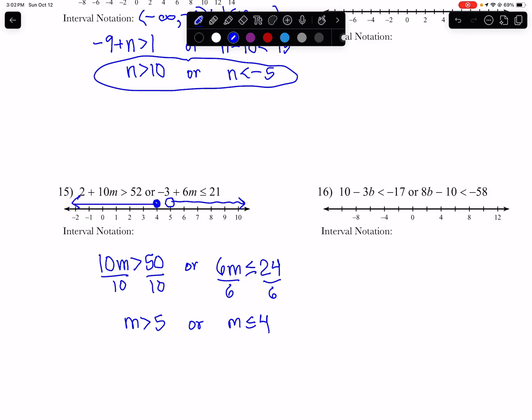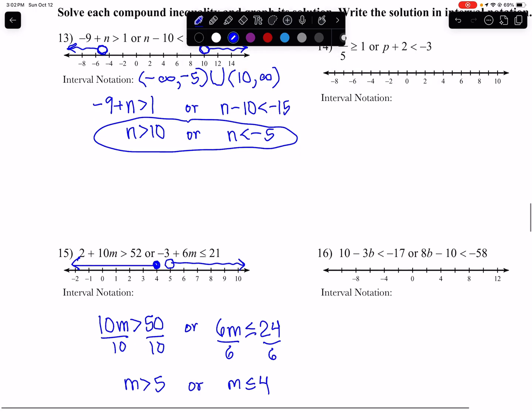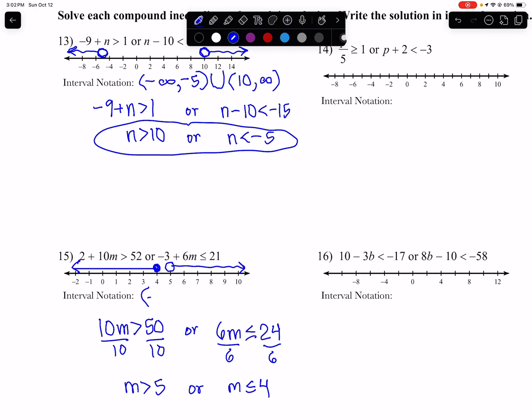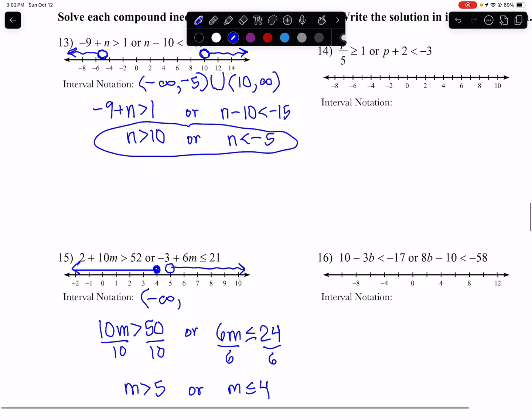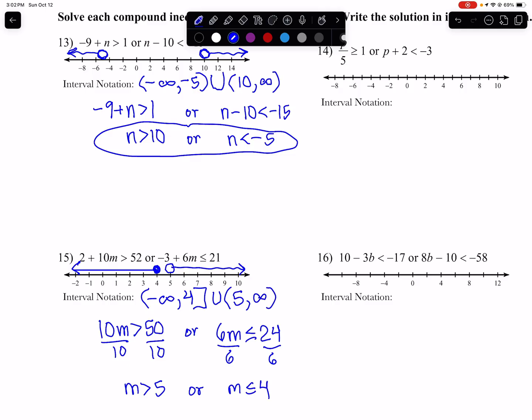Okay, so as an interval, it's going to look very, very similar to the last one if I scroll up. Negative infinity to 4, and then it's solid dot, union, 5 to infinity. And it has a parenthesis.